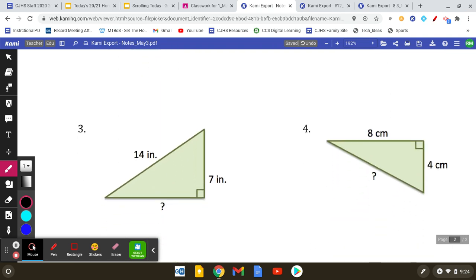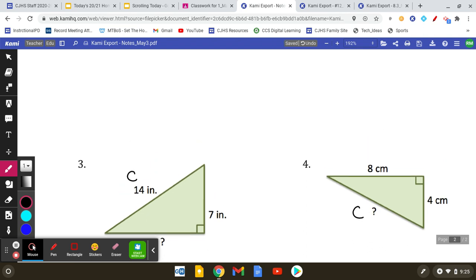Go ahead and label the C's on 3 and 4. Did we pick 14 for 3? And then for 4, it would be the question mark.